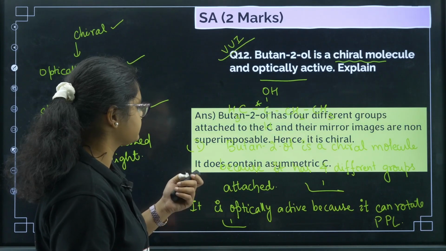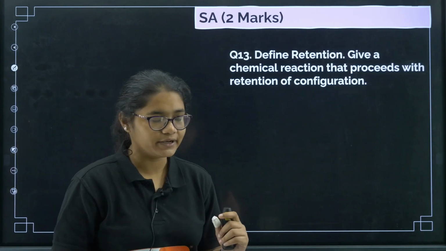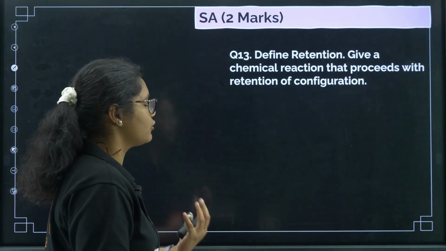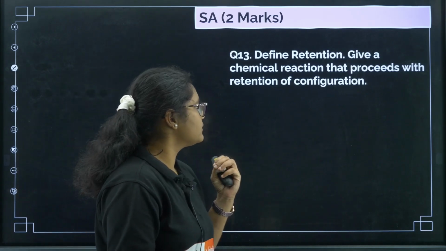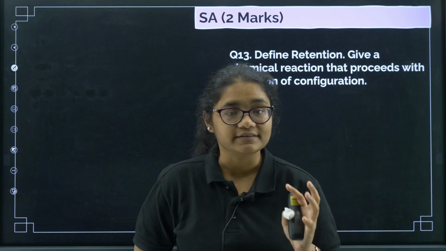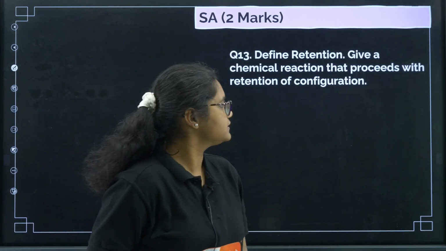Next question. Okay, so next question is define retention. Give a chemical reaction that proceeds with retention of configuration. Okay, so if you remember what is retention, SN1 and SN2, in SN2 reaction mechanisms there is retention, right? So you can write down what is retention.